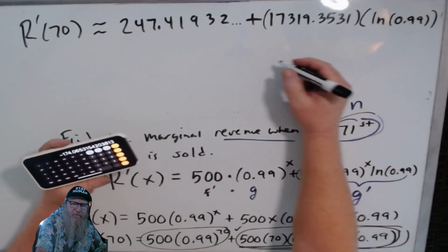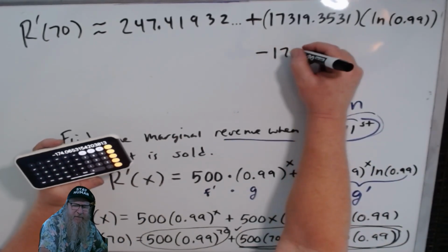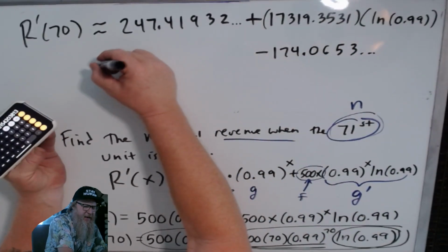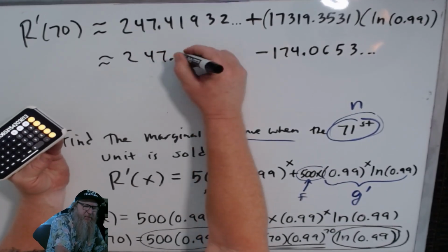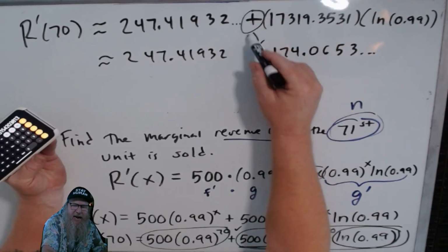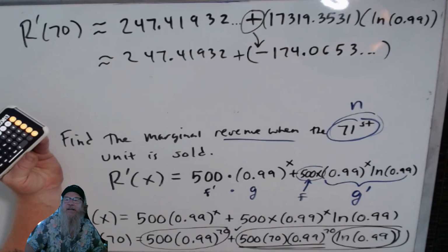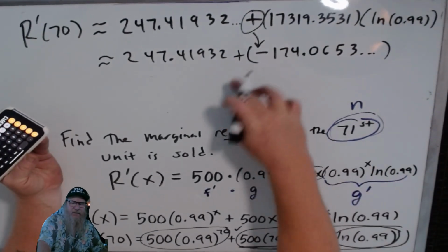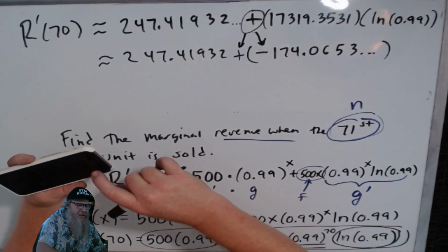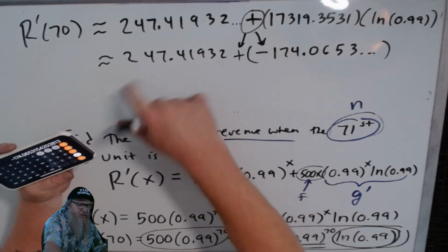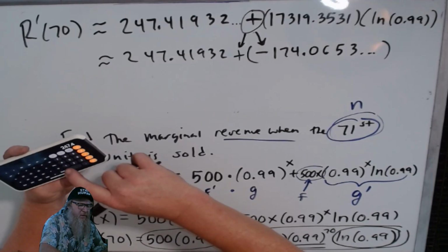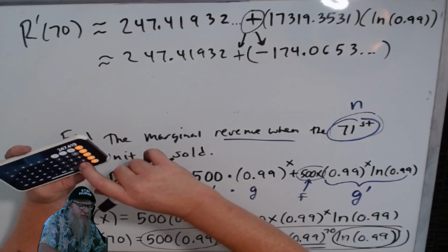17,319.3531. All right, so that's negative 174.0653. And then I've got this number, 247.41932. It was adding, but because I'm adding a negative, it's going to be subtracting. So it's plus a negative. I'm just going to do subtracting 247.41932.